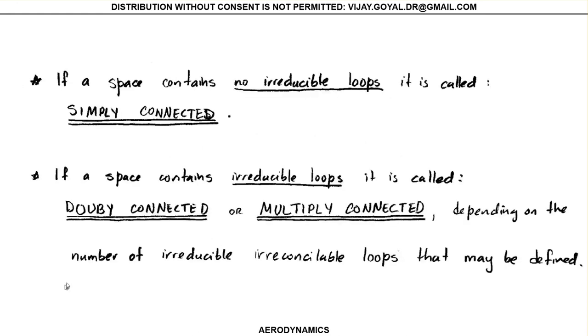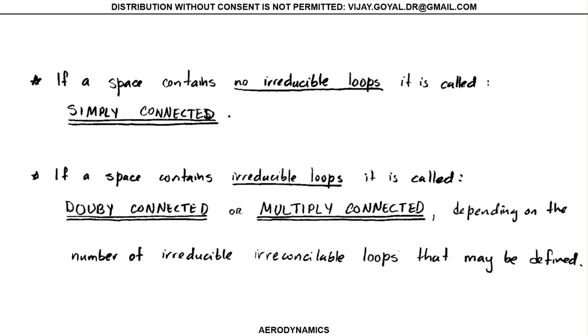Okay, so now if a space contains no irreducible loops, it's called a simply connected space. If a space contains irreducible loops, then it's called doubly connected or multiply connected, depending on the number of irreducible, irreconcilable loops that may be affected.